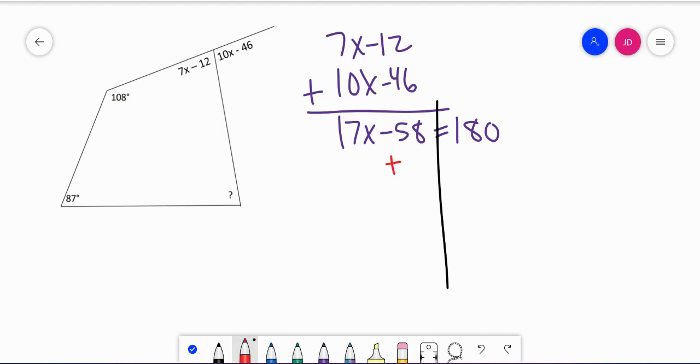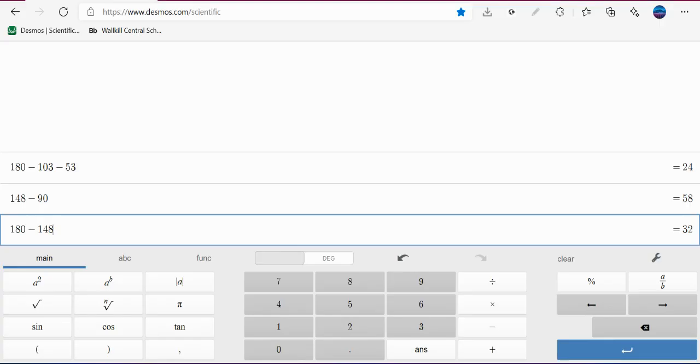Line down the equal sign. Add 58 to both sides, and we have 17x equals 180 plus 58, which is 238.